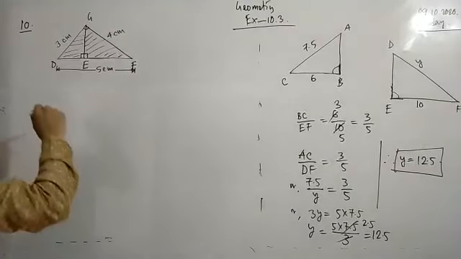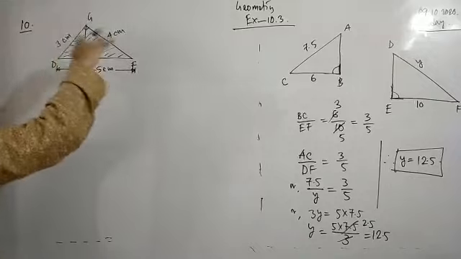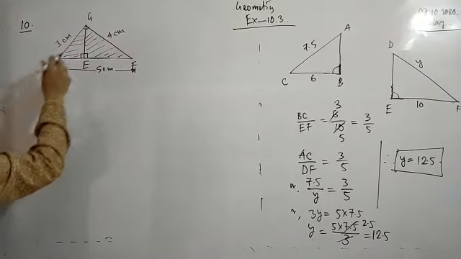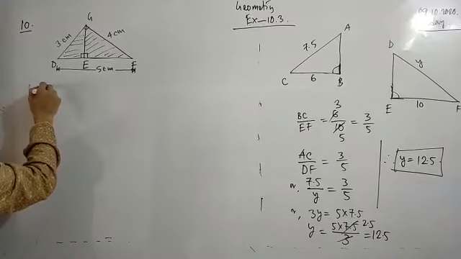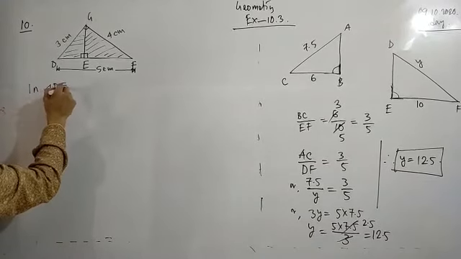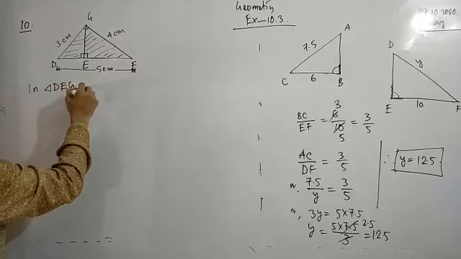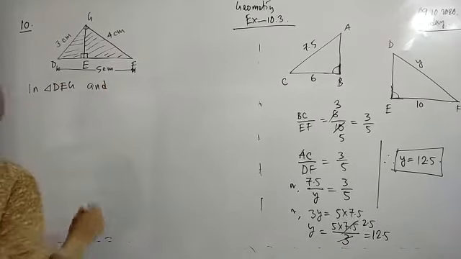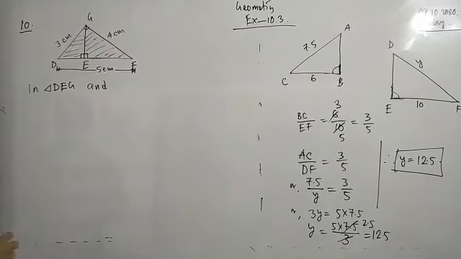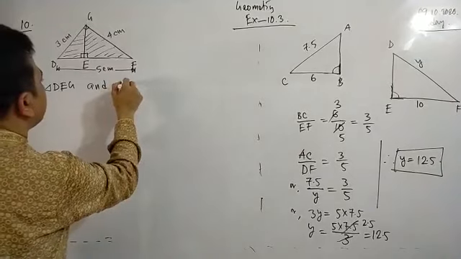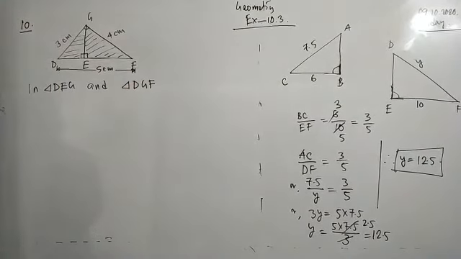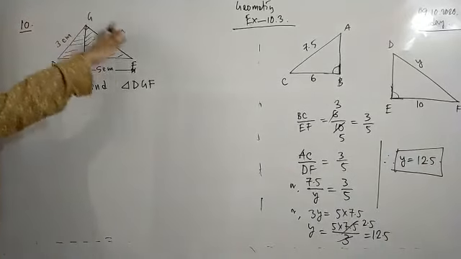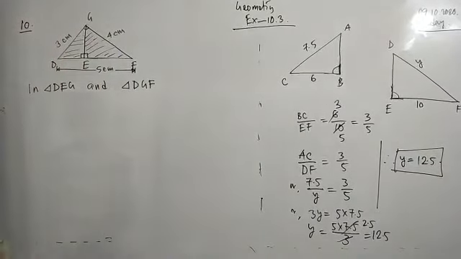First we are choosing this small one and the big one. Which ones? Look at that, D, E, G and D, G, F. This small one and the whole big one.